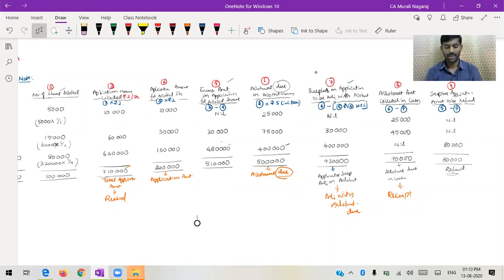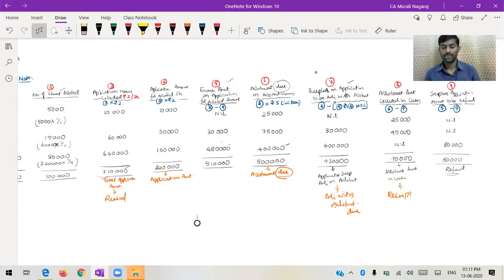Within brackets, show the working: 1 lakh shares into 7 rupees. Total 7 lakh.